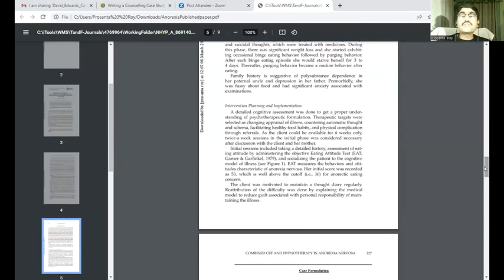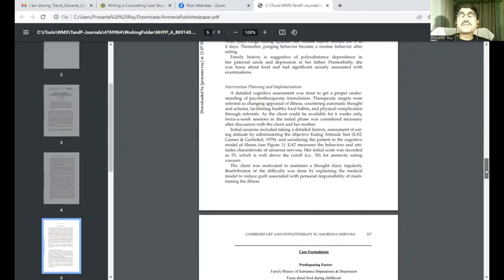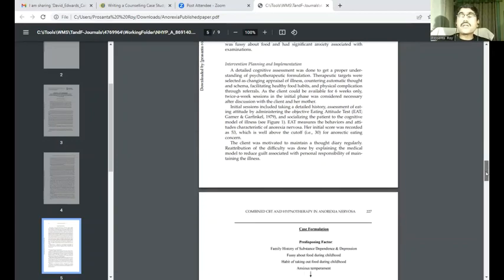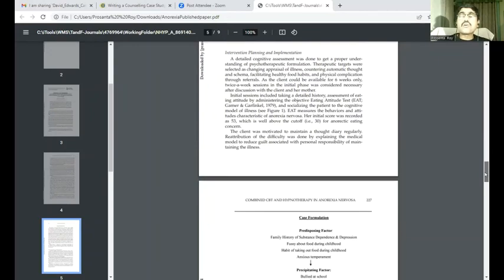Then I mentioned the intervention planning and its implementation. In the intervention planning, we discuss the cognitive assessment, and here I used the eating attitude test, and the baseline score has also been mentioned for this client, along with the contract that we made with the client so that the psychotherapeutic work can be done.